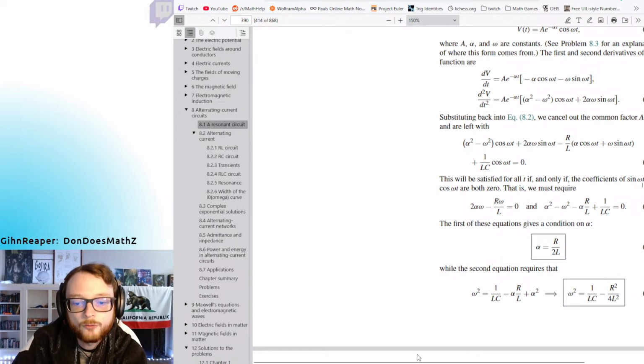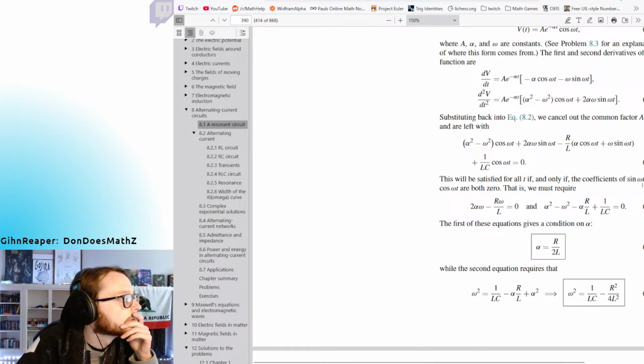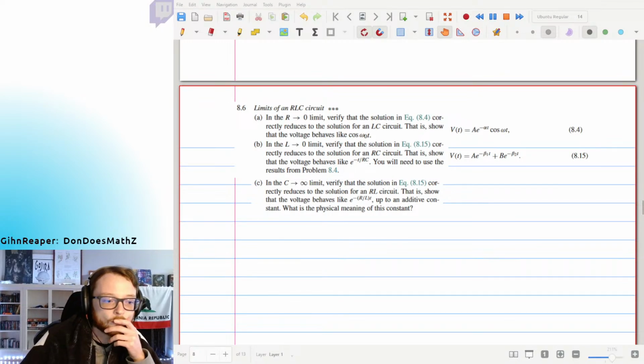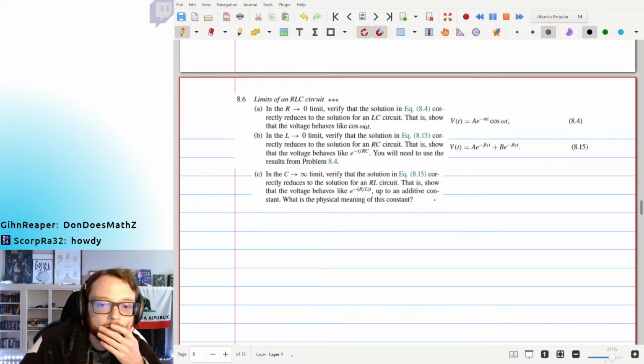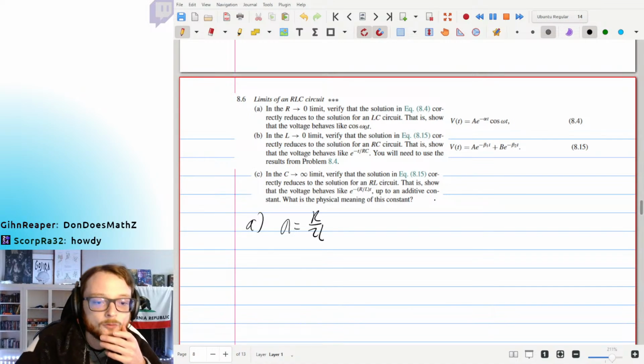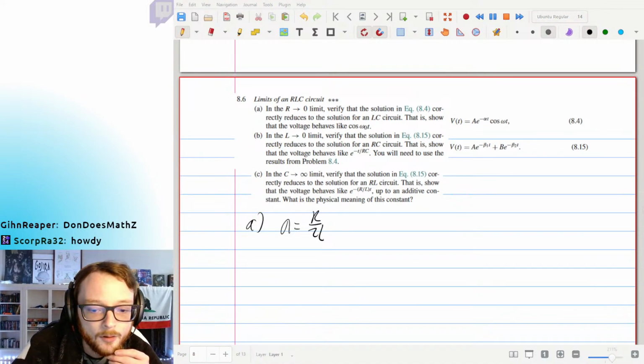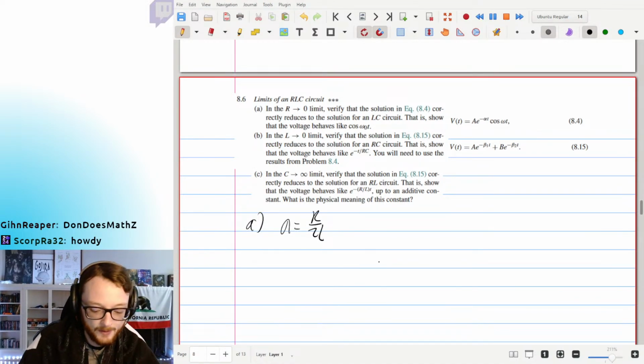Alpha is r over 2l. Perfect. Hey, Scorpra. Hope you're doing well as well. Did I say r over 2l? I did. That is a terrible alpha, by the way.